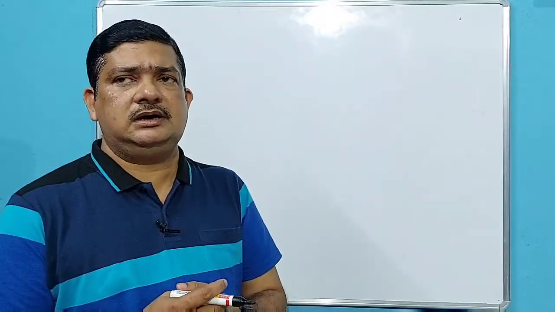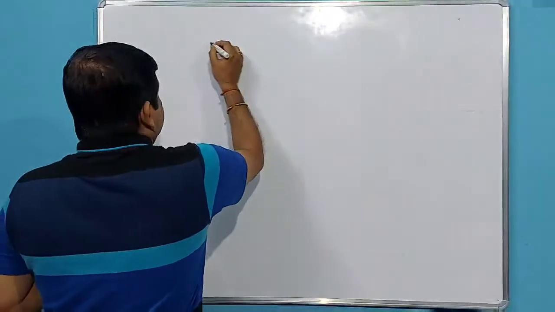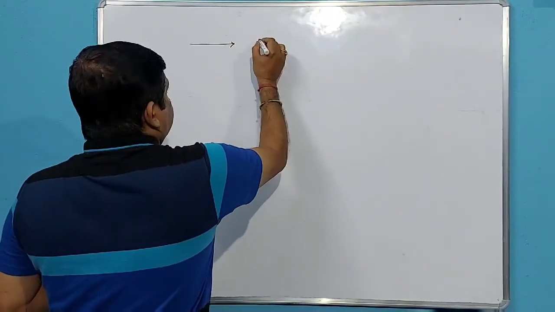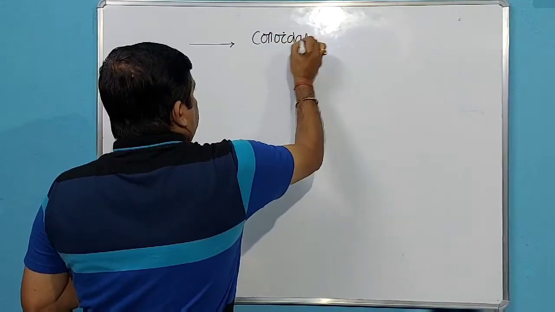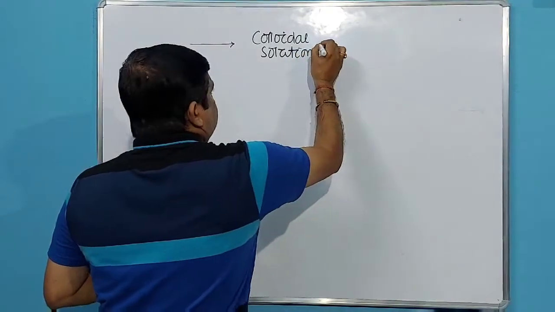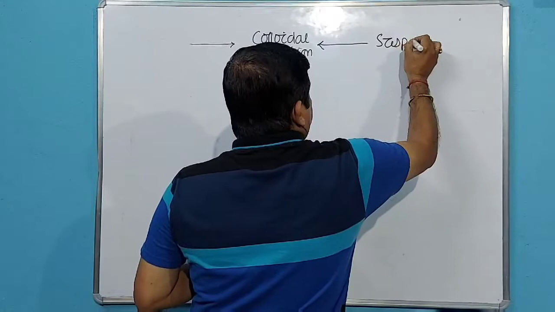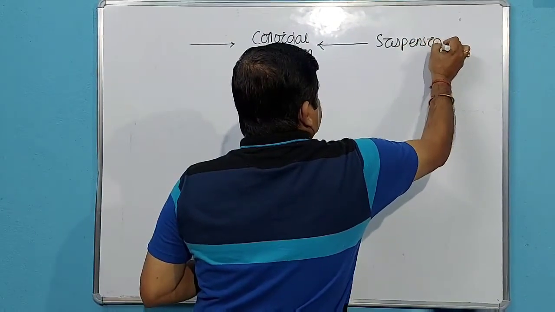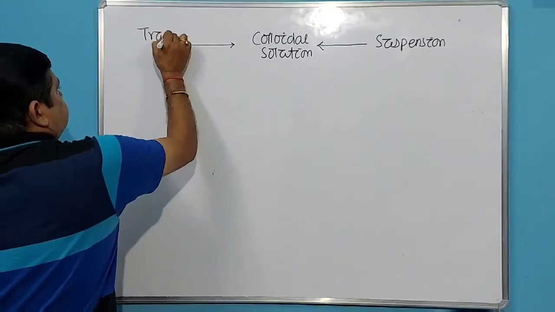Then let us know how these colloidal solutions or colloids are formed. Okay, so a colloidal solution is intermediate between two things, that is suspension, where the particle size is largest, and true solution.